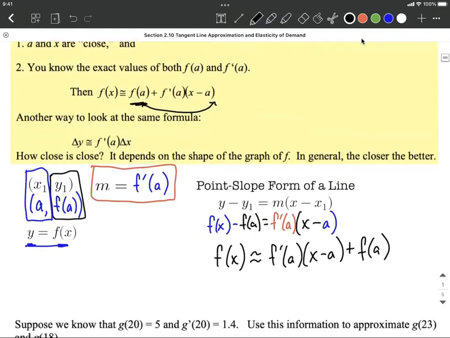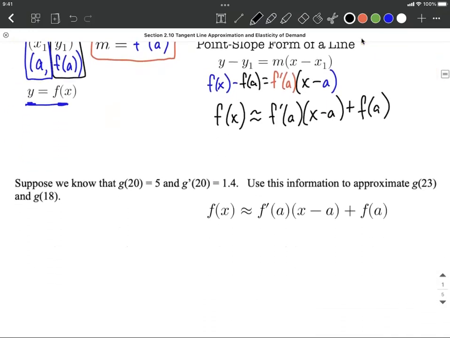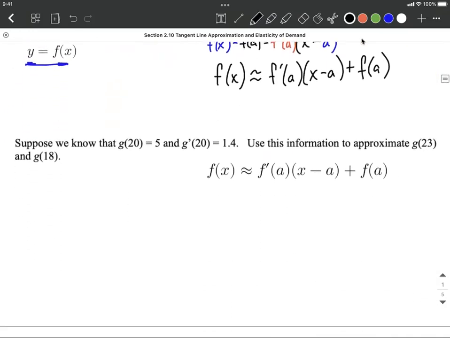Let's use this formula now to get an approximation. Suppose we know that g of 20 equals 5, g prime of 20 equals 1.4, and we want to use this information to approximate g of 23 and g of 18. I've used the same formula, just written with f and f prime instead of g and g prime.